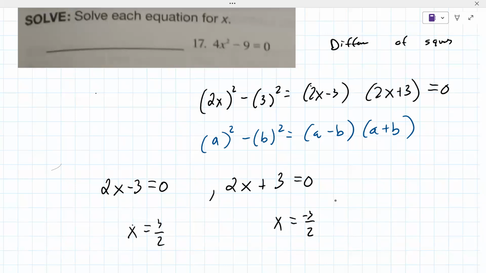Okay. Now to divide 3 and 2, let's go here.